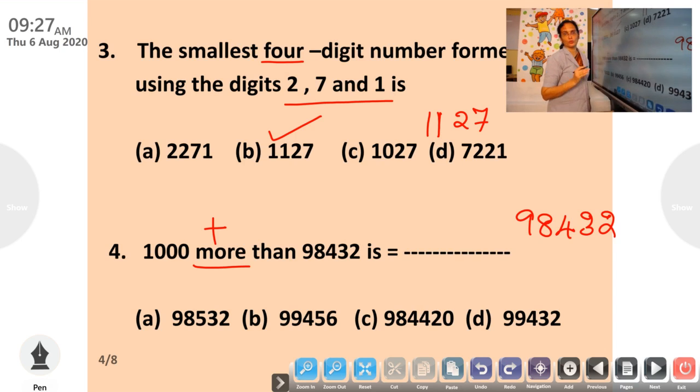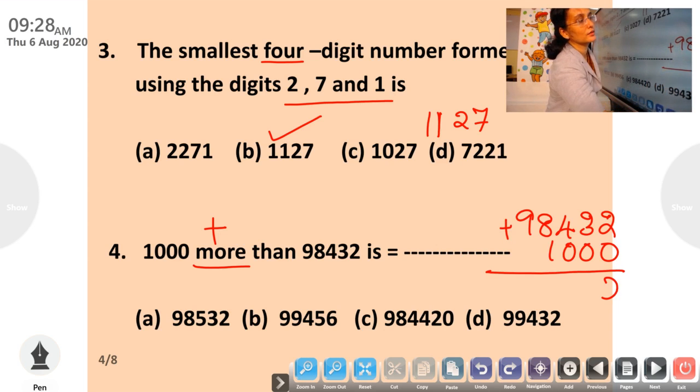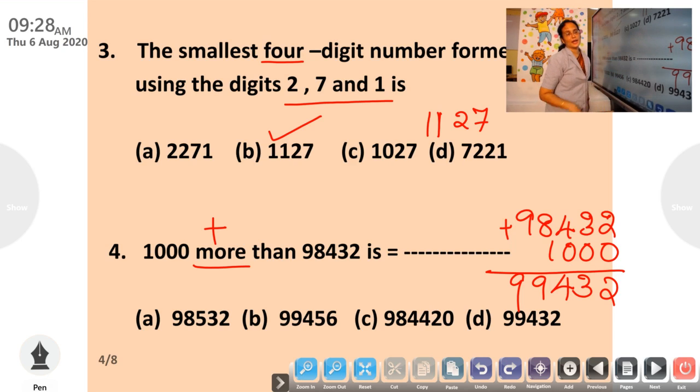You should keep a notebook for rough work. Find the answer there in your rough notebook and then you choose the right answer. Okay, 98,432 plus 1,000 and you are getting, 8 plus 1 is 9. So what is the answer? 99,432. So the last one, D is the correct option. 99,432.